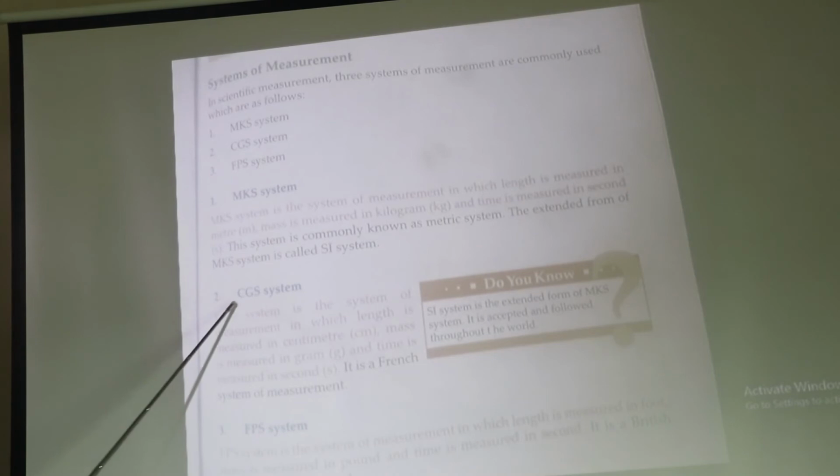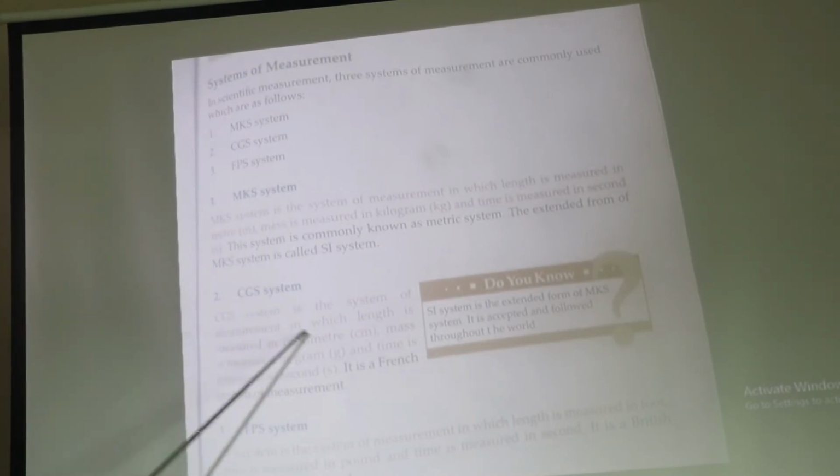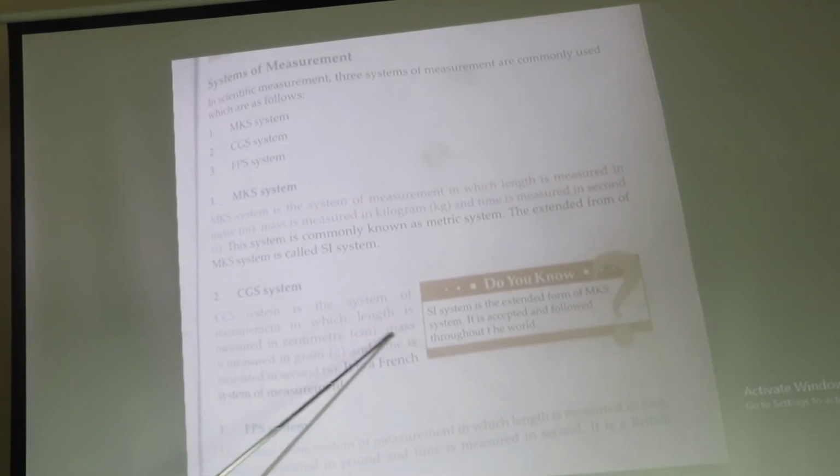But in CGS system, length is measured in centimeter, mass is measured in gram, and time is measured in second. And CGS system is a French system of measurement.